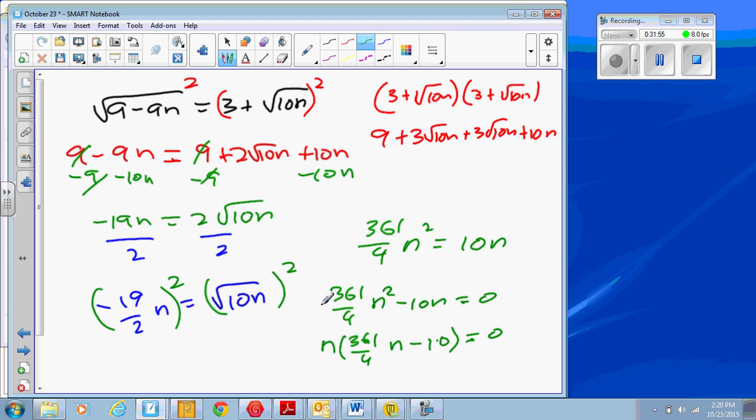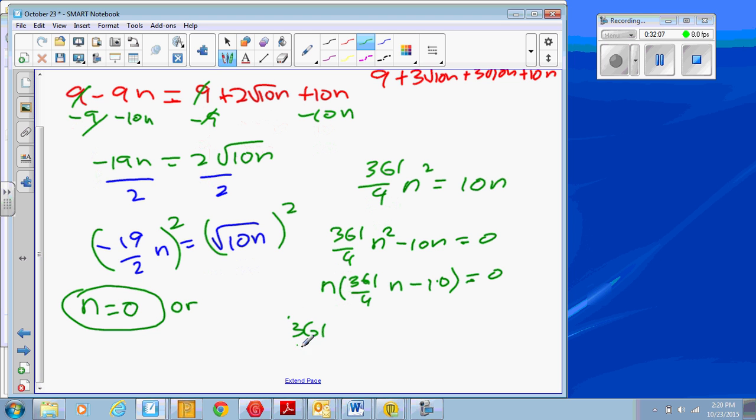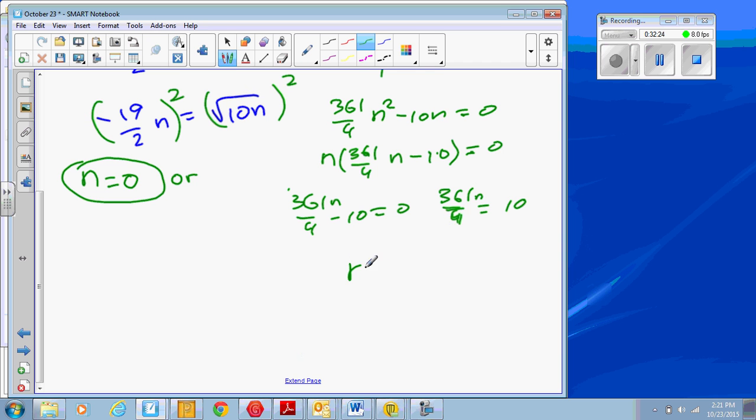So either n equals 0, which is one possibility, or 361 over 4 n minus 10 equals 0, which means 361 over 4 n equals 10. That would mean n is equal to, multiply by 4. 361n equals 10 times 4, which is 40. So n equals 40 over 361.